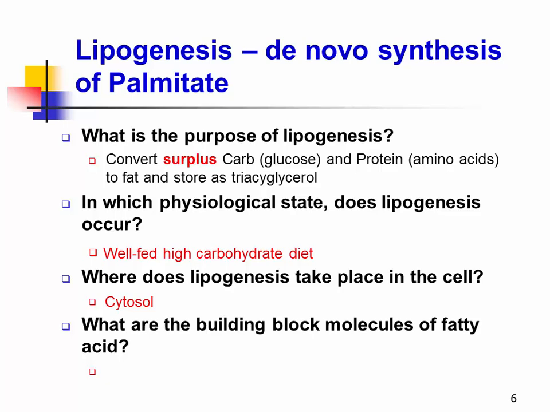Lipogenesis takes place in the cytosol of the cell. And what is the building block molecule of fatty acids? The smallest molecule that can be used for fatty acid synthesis, which I just mentioned: acetyl-CoA. Acetyl-CoA is the building block or starting molecule for fatty acid synthesis, so fatty acids are synthesized from acetyl-CoA.